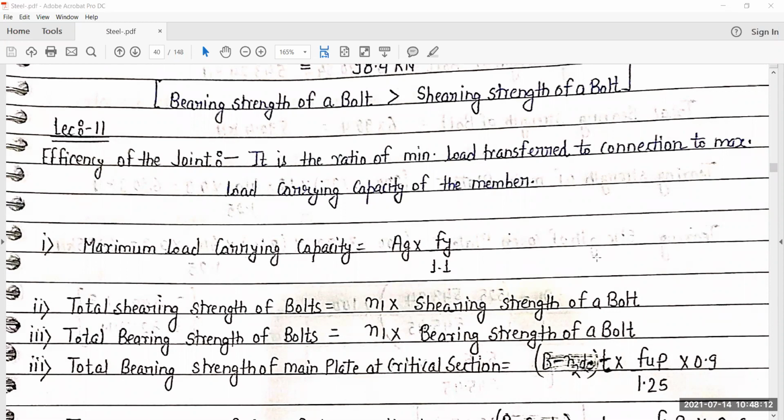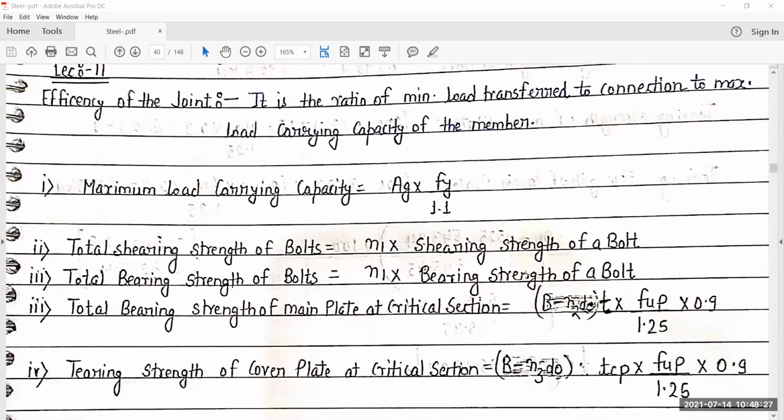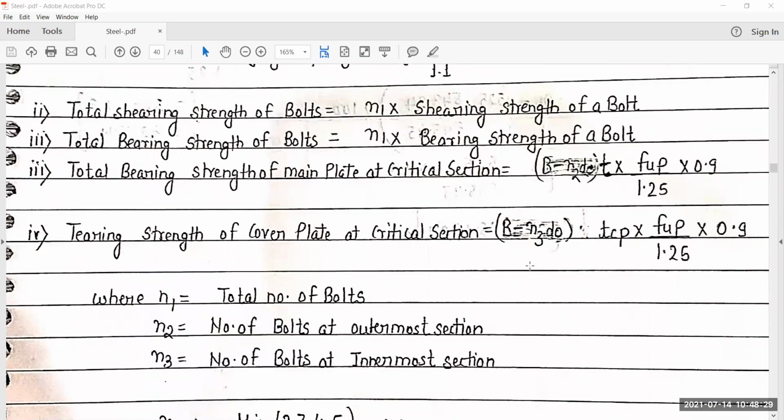Second is the total shear strength of bolts, n into shear strength of bolt. Then total bearing strength of bolts, n into bearing strength of bolt. Total bearing at the main plate or critical section, fu upon 1.25 into 0.9, with thickness of the cover plate at critical section.